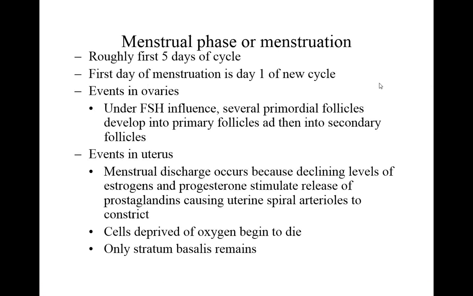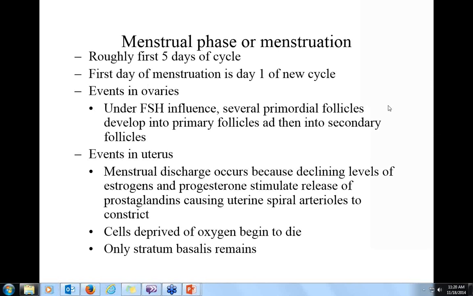The menstrual phase, or menstruation, is roughly the first 5 days, and that's having your period. In other words, you are shedding your endometrium. So in the ovaries, you're going to see new primordial follicles develop, and in the uterus, you're going to see the menstrual discharge.